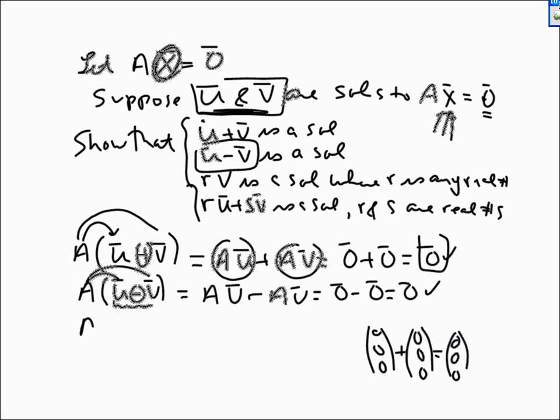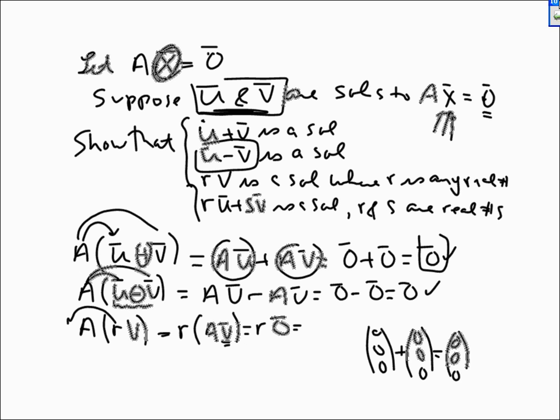Now, what about A times rv? You need to remember the theorems that we went over. The scalar can come out in front. This is r times Av. But v is a solution to AX equals 0. That is, Av is 0.